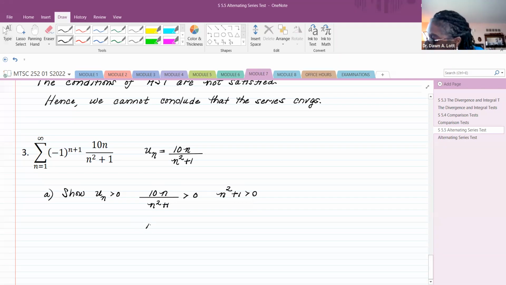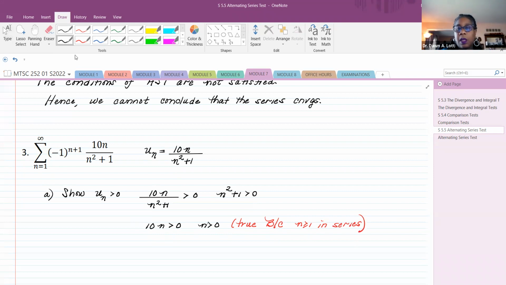So that gives us 10n is greater than 0. We can divide by that. We get n is greater than 0. And that's a true statement because n starts at 1. Okay, so that's done.